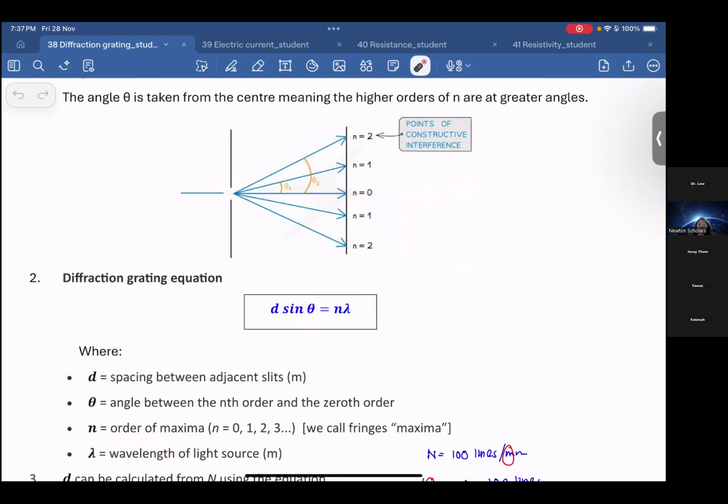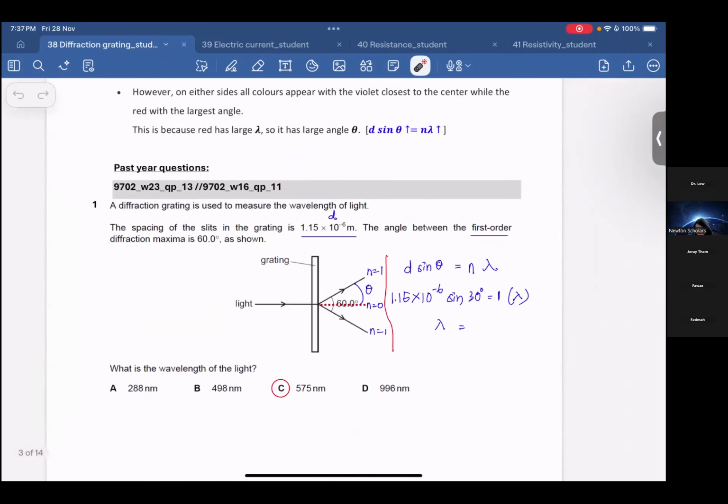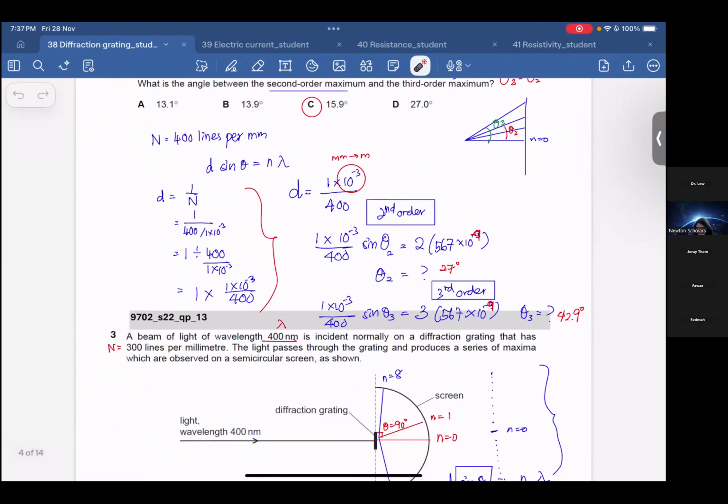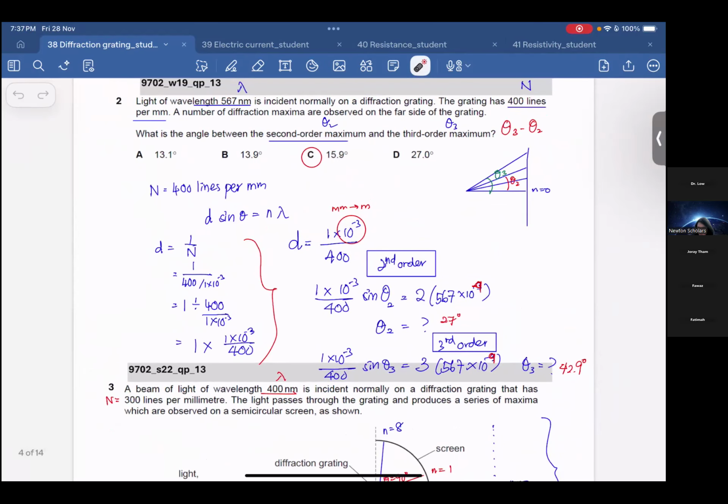When we apply the formula, we have to be very clear where we get the information. When we want to calculate d, we use 1 over N, the number of lines. Here it is 400 lines per mm.